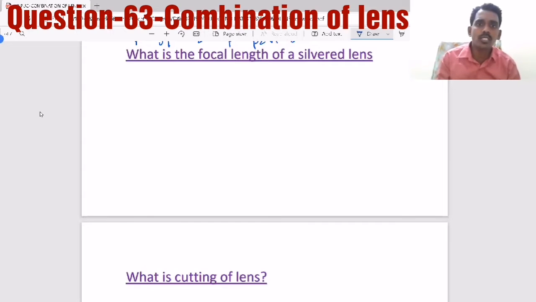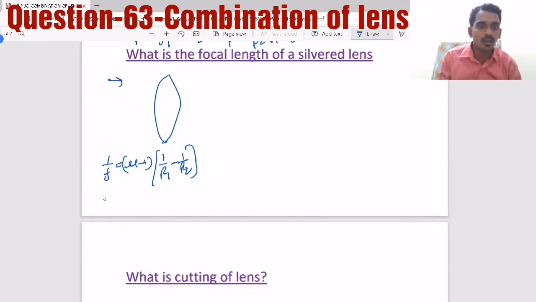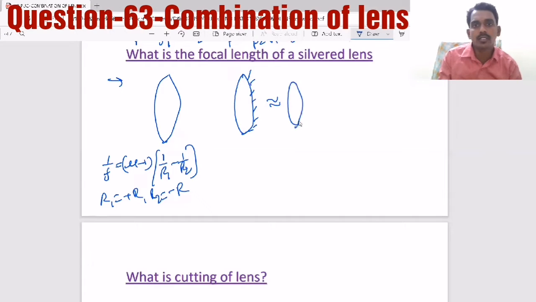Now the next thing is what is the focal length of a silvered lens. Let's take suppose a convex lens. Then the focal length is 1 by f equal to mu minus 1 into 1 by r1 minus 1 by r2, where r1 is plus r and r2 is minus r. Now when you silver one surface, it behaves like first refraction, then reflection, then again refraction.